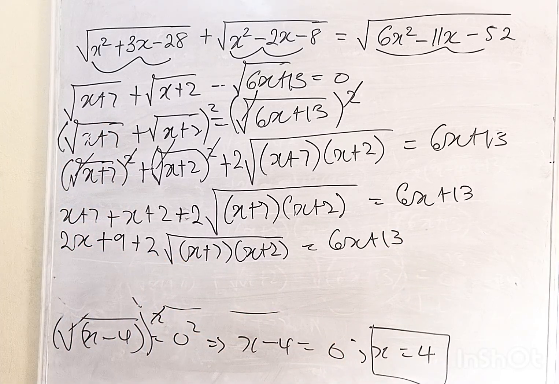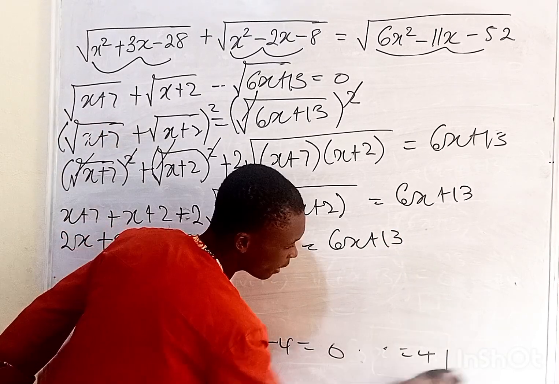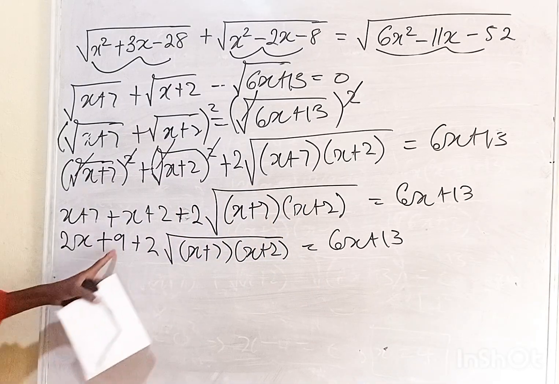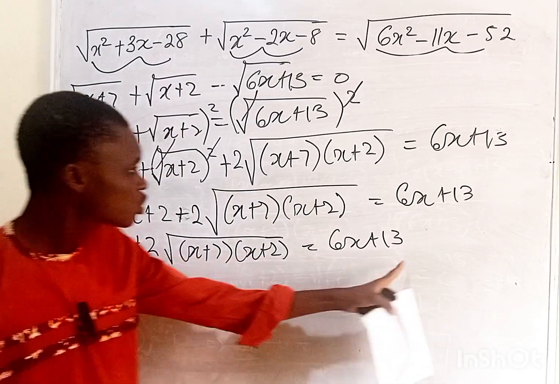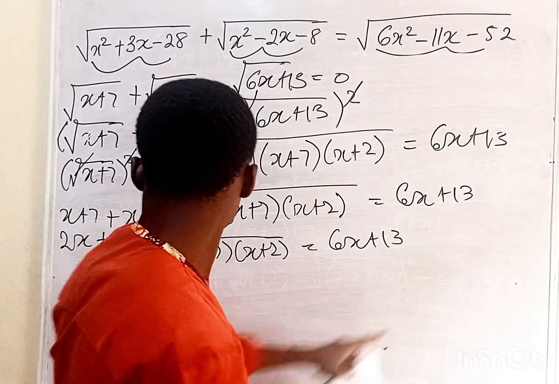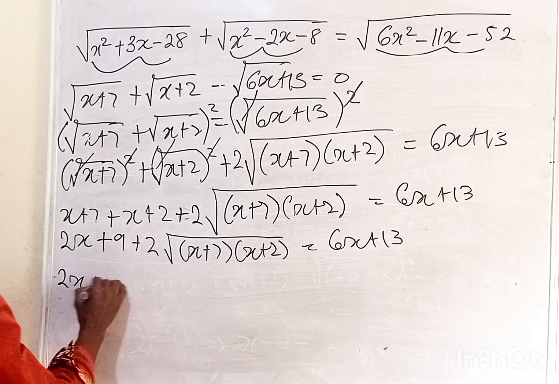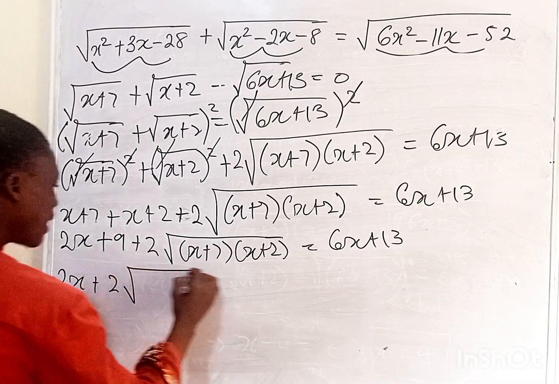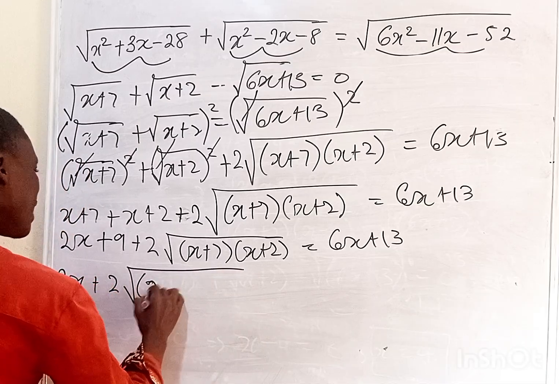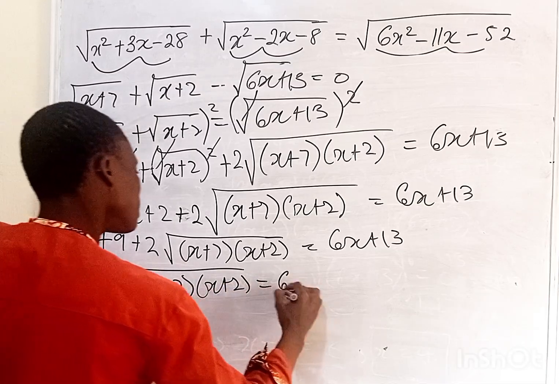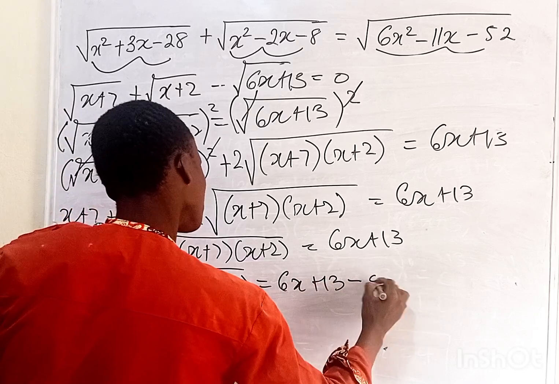All right, so what next are we going to do from here? We are going to collect like terms. This 9 will cross over to the other side. So if that 9 crosses over, we have 2x plus 2 multiplied by the square root of (x + 7)(x + 2) equals 6x + 13 − 9.